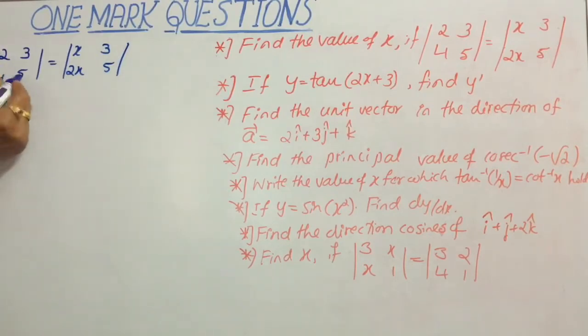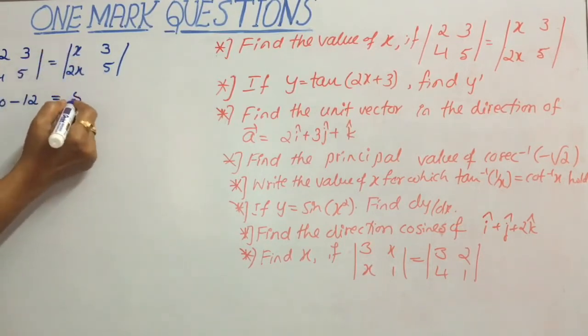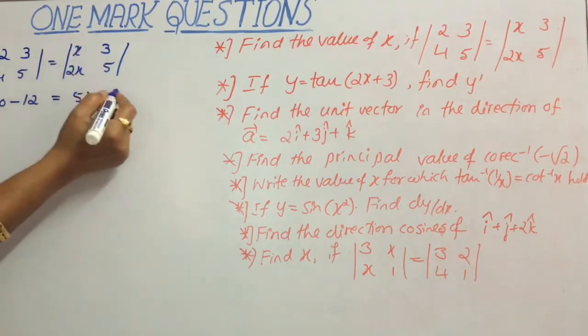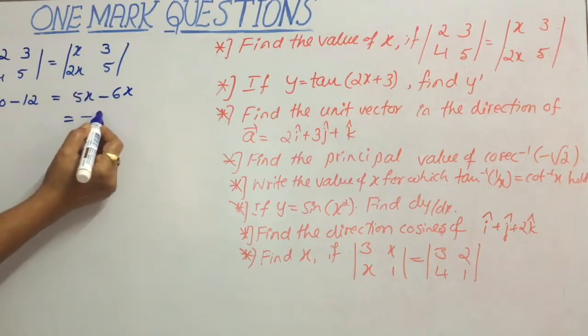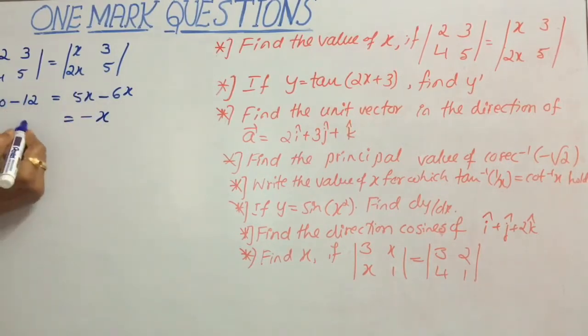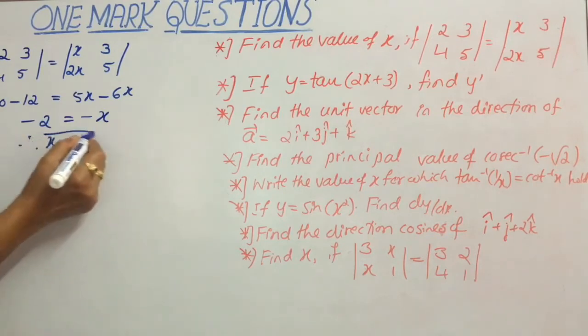Find the value of the determinant. 5 2s are 10, 4 3s are 12. So 10 minus 12 equals 5x minus 3 2s are 6x. So 5x minus 6x is minus x. 10 minus 12 is minus 2. Therefore, x is equal to 2.